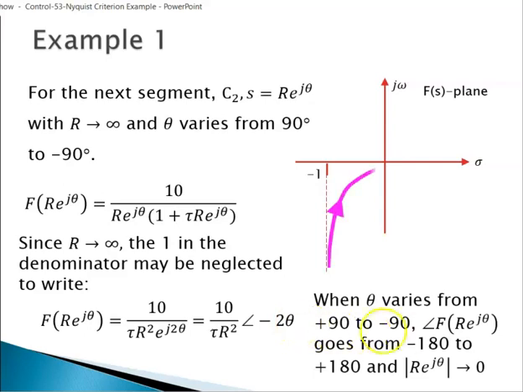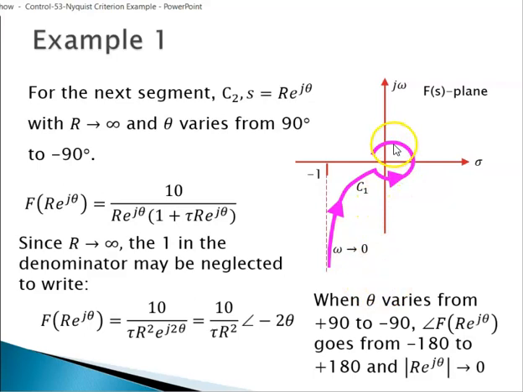So when theta varies from 90 to minus 90, minus 2 theta varies from minus 180 to plus 180. That is how you have from minus 180 very close to the real axis, and again coming close to the real axis from the other side.